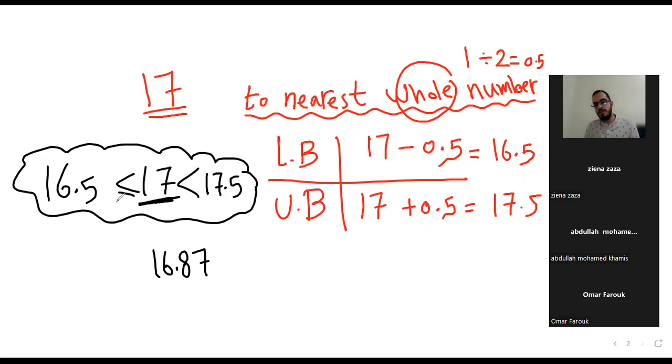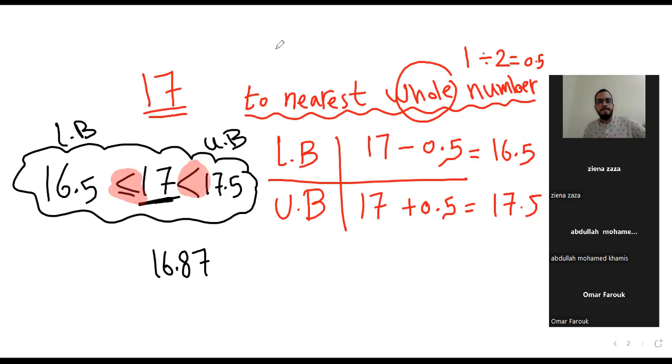Do you understand now the meaning of lower and upper? Now, a question: why here I put an equal sign and here there is no equal sign?